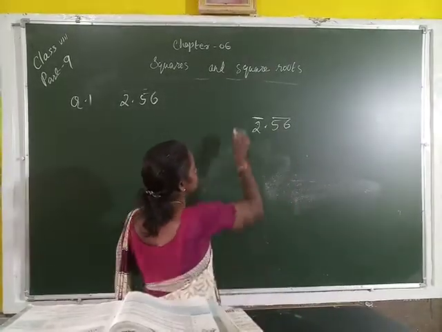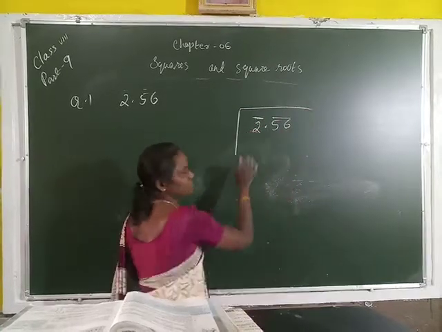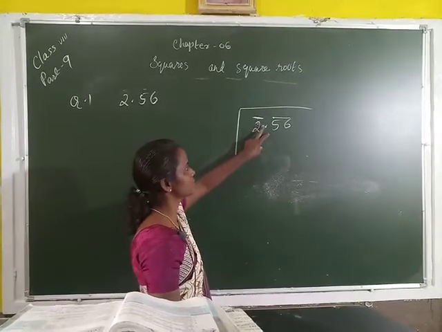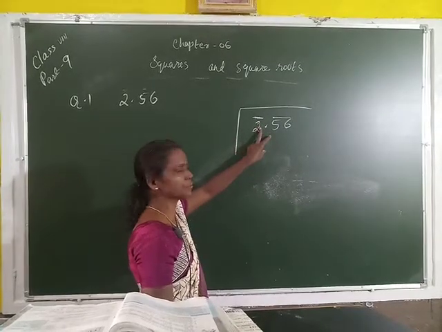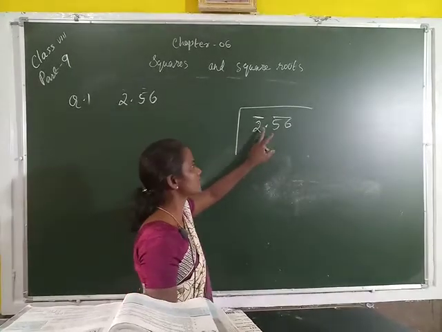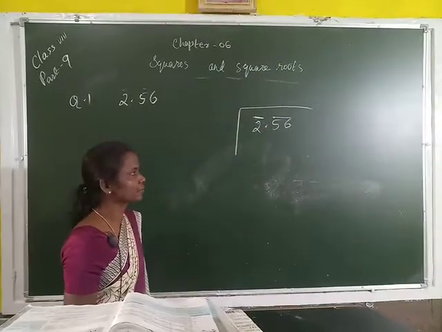Look, first we take the number from the leftmost bar. Here leftmost means the integral part, which is 2. Then we look for the nearest square number of 2, or a number equal to a square. Which is the nearest square number of 2?